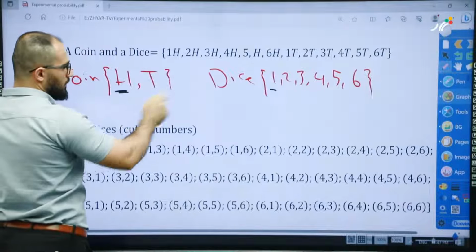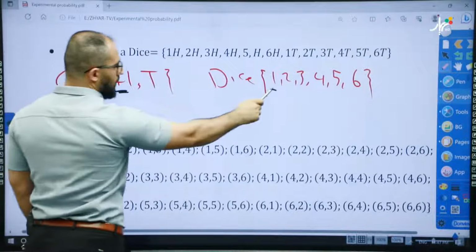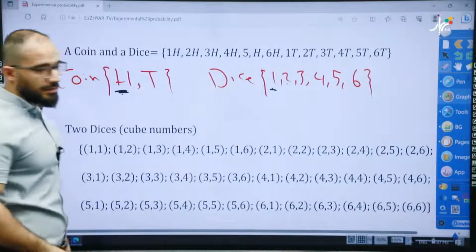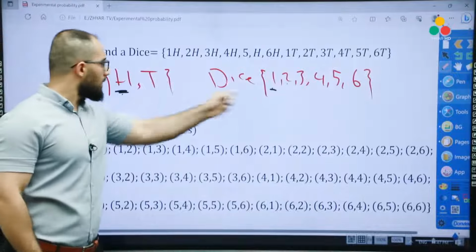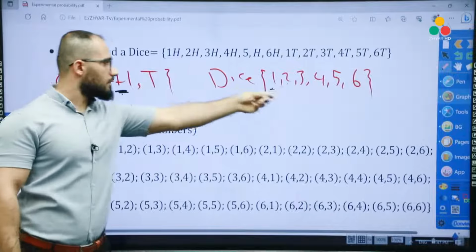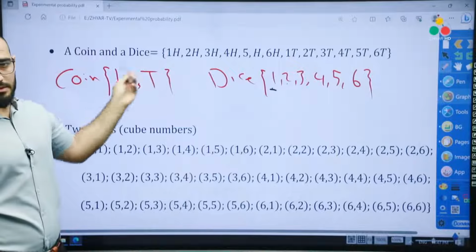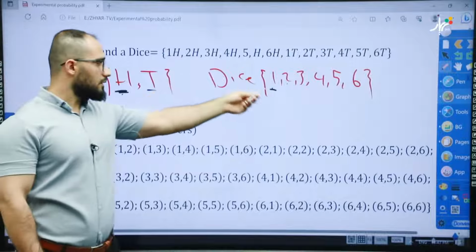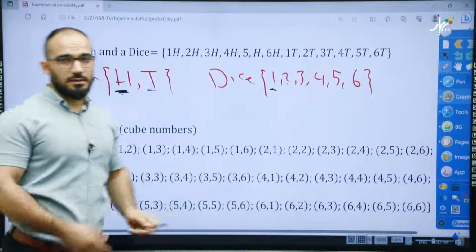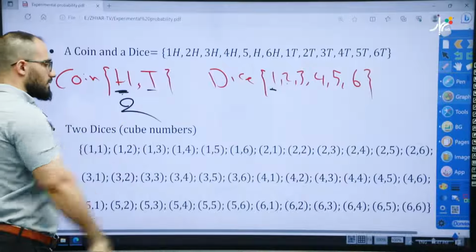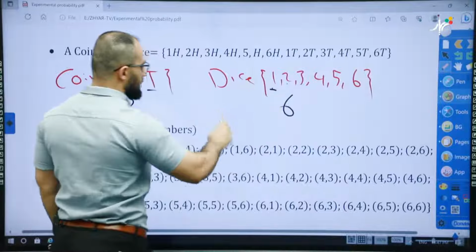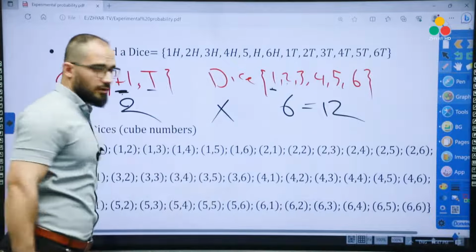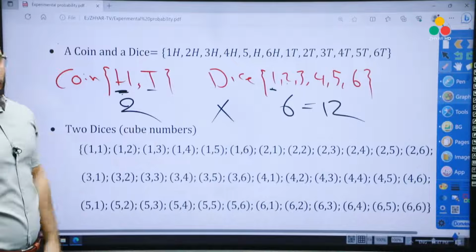You can start with the coin or the dice. H1, H2, H3, H4, H5, and H6. For the tail it is the same: T1, T2, T3, T4, T5, T6. So the coin has 2 results and the dice has 6 results. 2 times 6 is 12. As you see, we have 12 results for a coin and a dice.